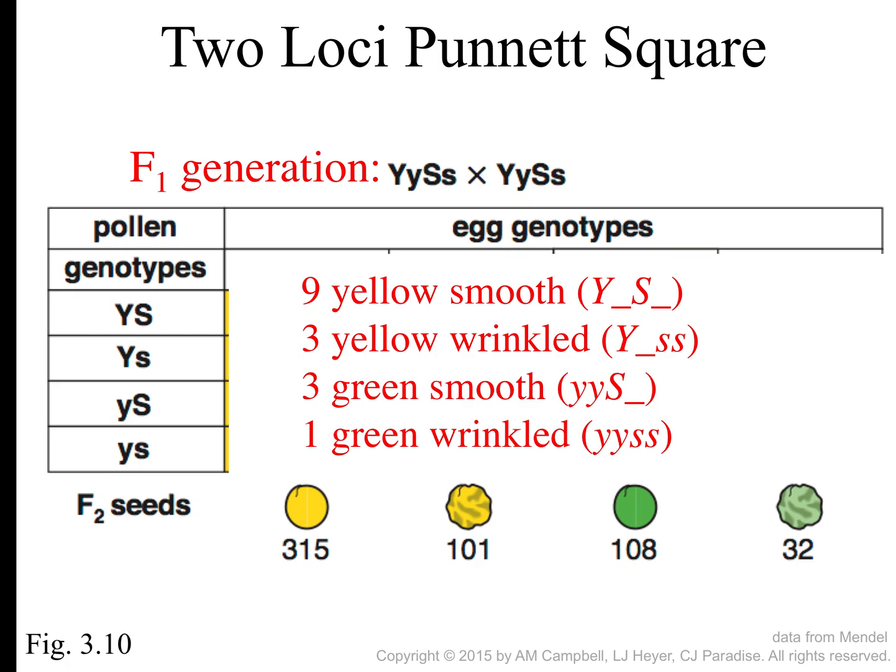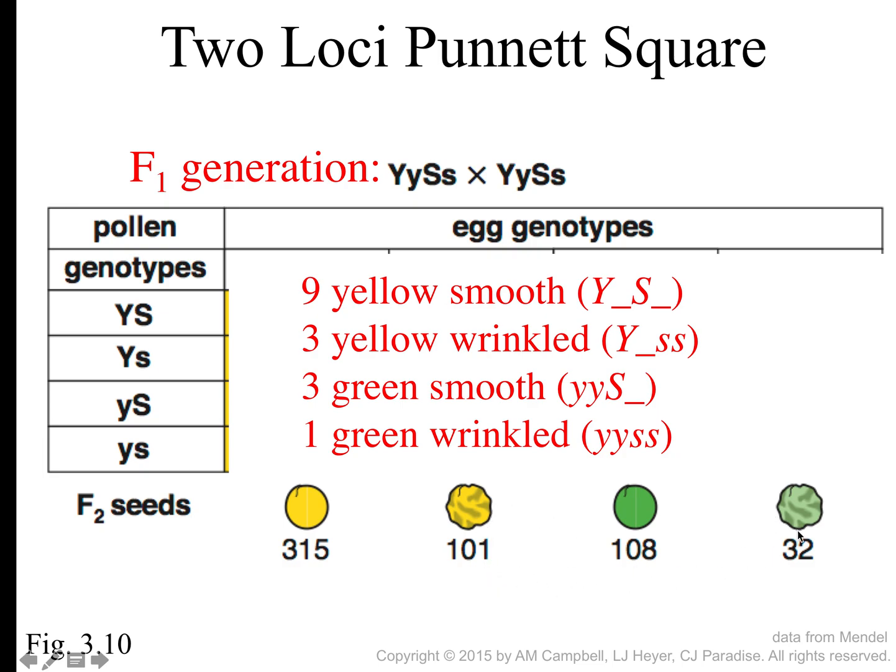So there's 9 yellow smooth, 3 yellow wrinkled, 3 green smooth, and 1 green wrinkled. If we just do the ratio of yellow to green, it's still 3 to 1. That's about 400 to about 100. If we do the ratio of just round to wrinkled, that's about 400 to about 100.